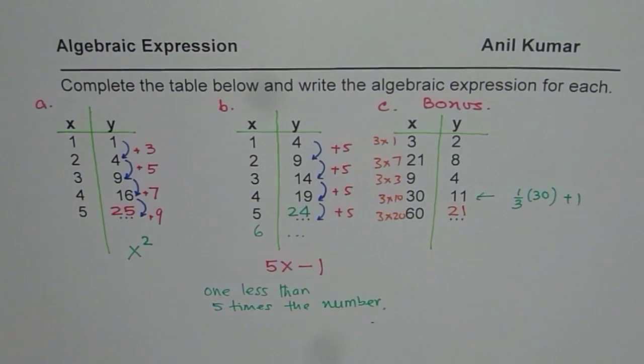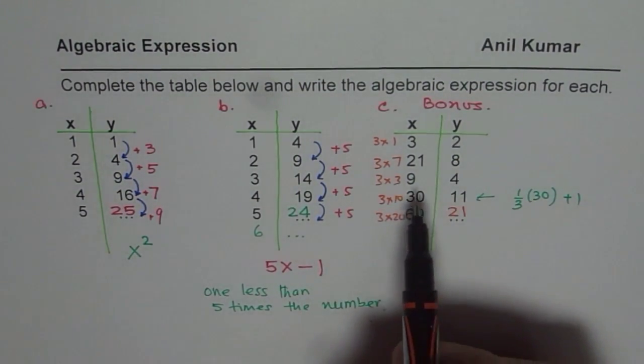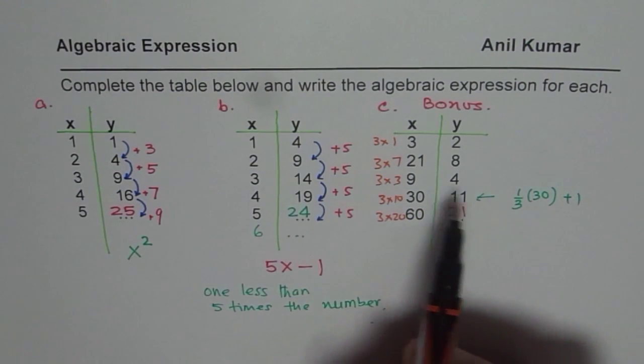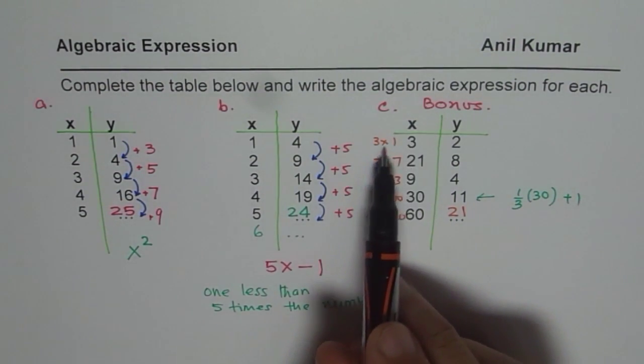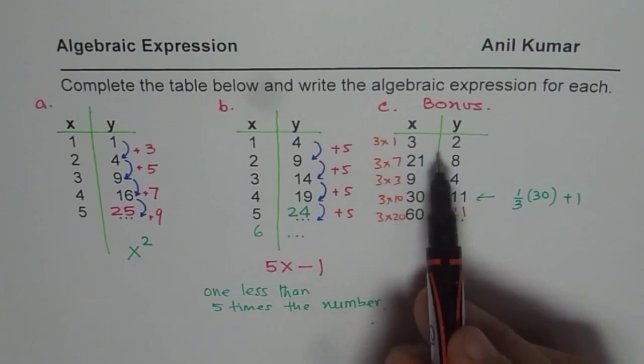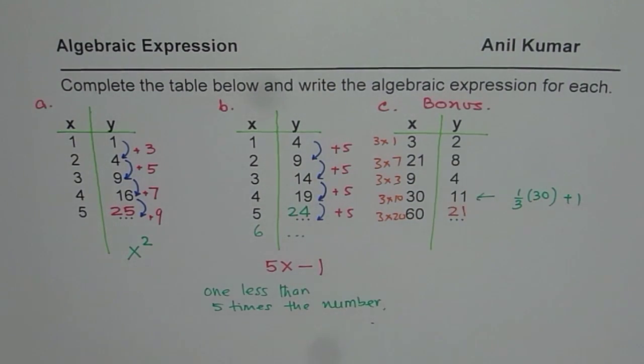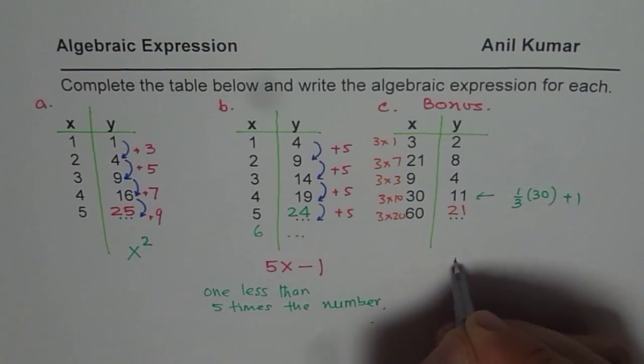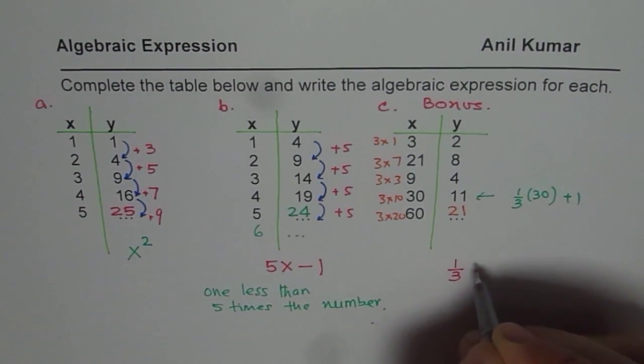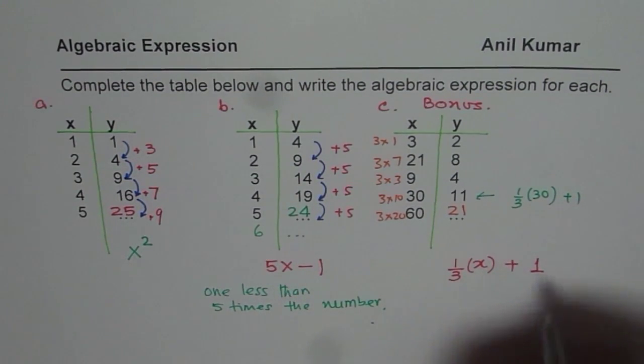So that is how I got my value, correct? Now the expression is kind of like this, because 3 times the number plus 1 is what I'm getting as the y value, and therefore I could write this expression as 1/3 of x plus 1. You get an idea?